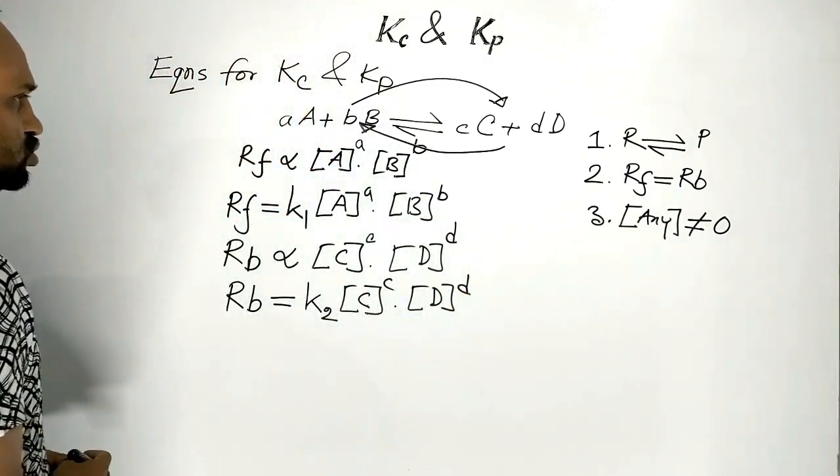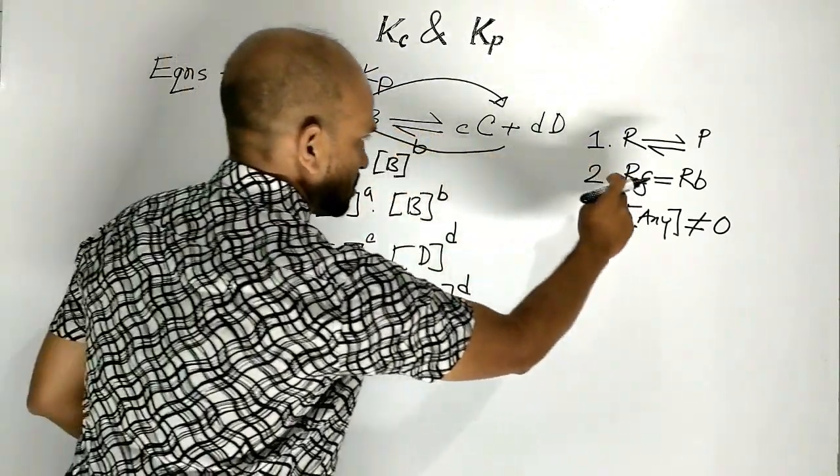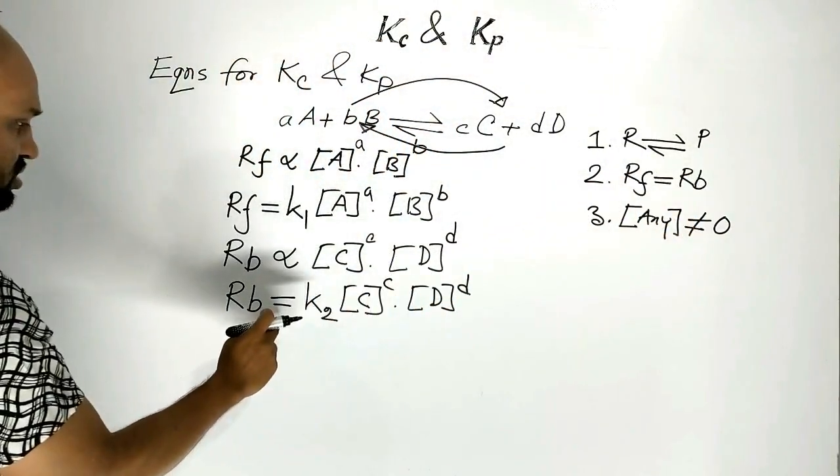Now, we know that for reversible reactions, rate of forward reaction equals rate of backward reaction.